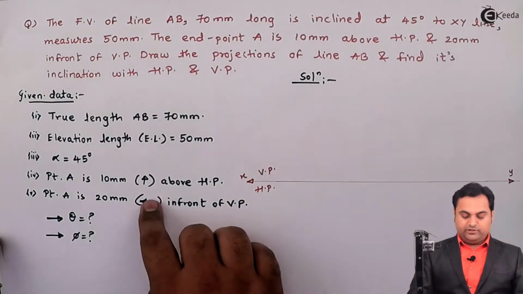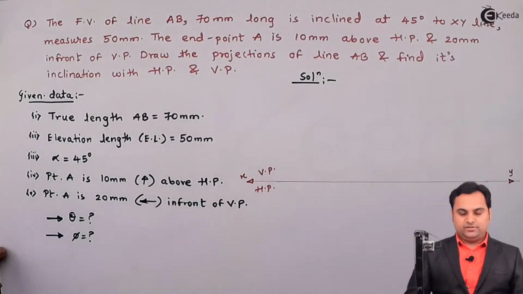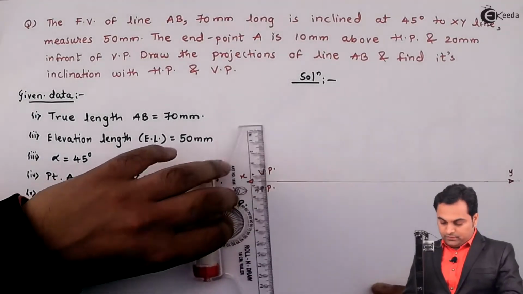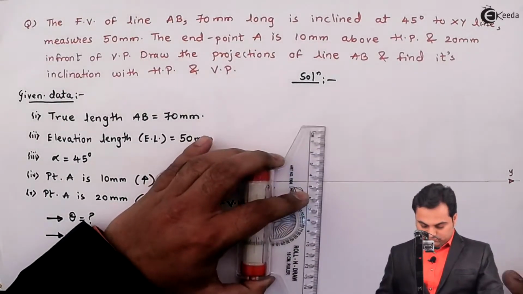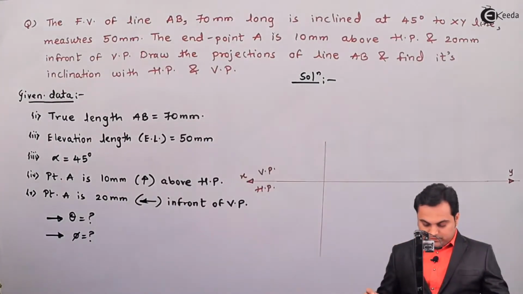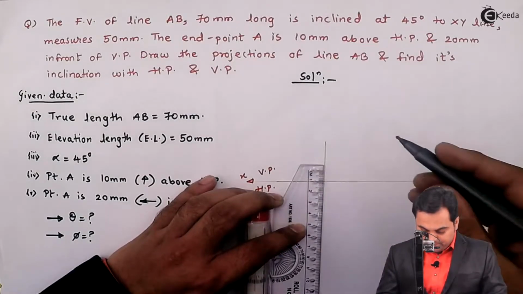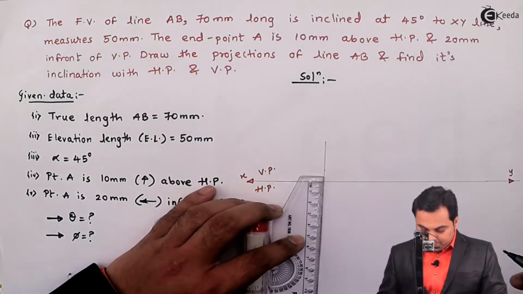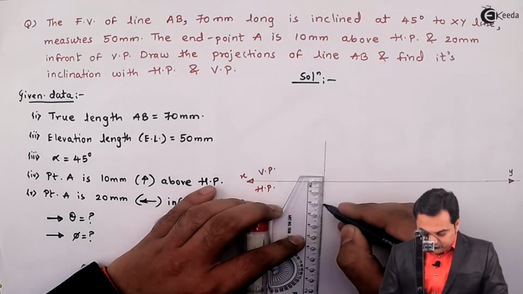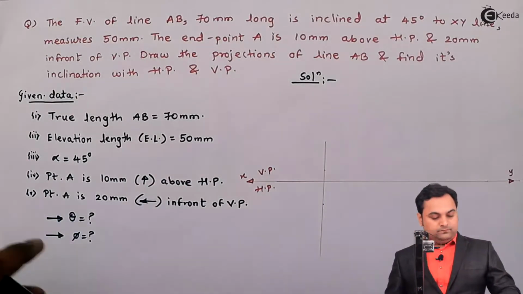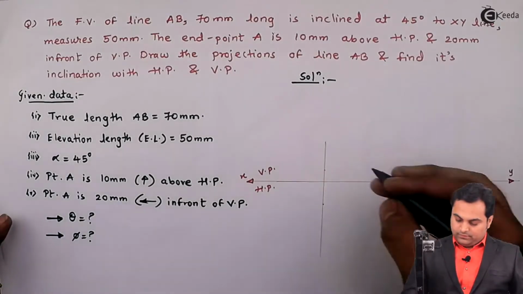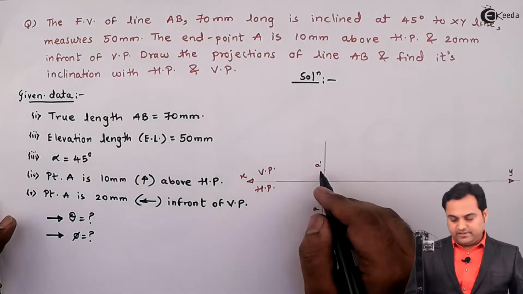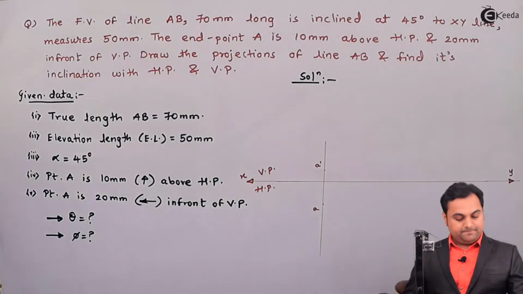Since the location of point A is given, I'll locate it first. 10 mm above HP will be seen in VP. Here I'll draw a light vertical line. 10 mm above HP, 20 mm in front of VP. That is the location of point A. In the front view it will be A dash. In the top view point A.